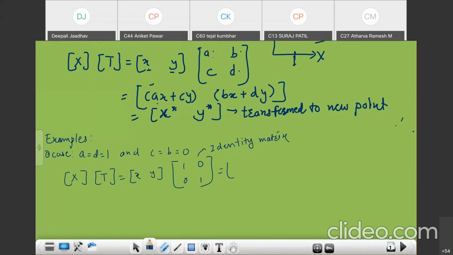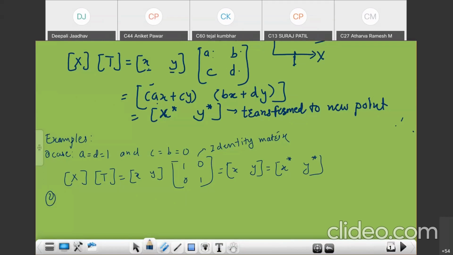The result is as it is, XY. New points are the same as the original points. No change in the coordinates of the point. When A is equal to D is equal to 1, meaning diagonal points are 1 and off-diagonal points are 0, the transformation matrix becomes the identity matrix, and that's why there is no change in the coordinates of P.